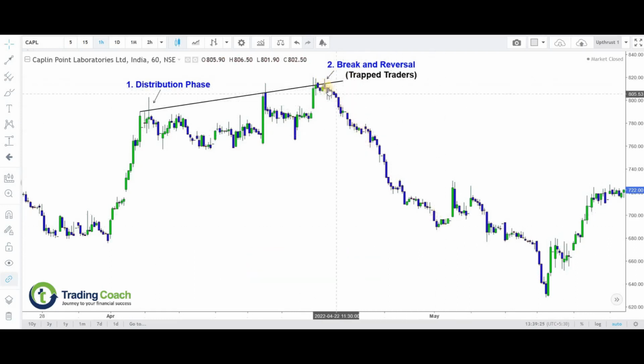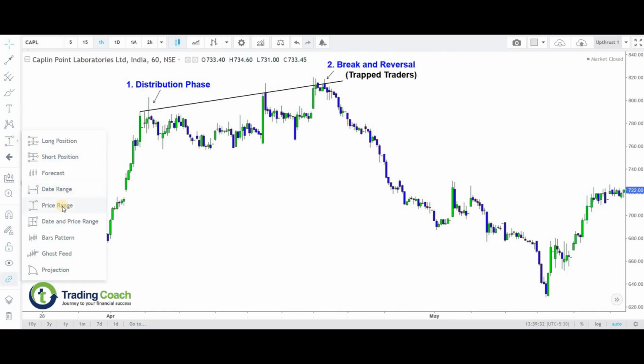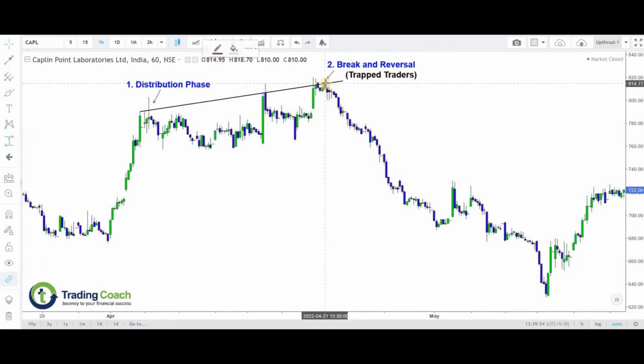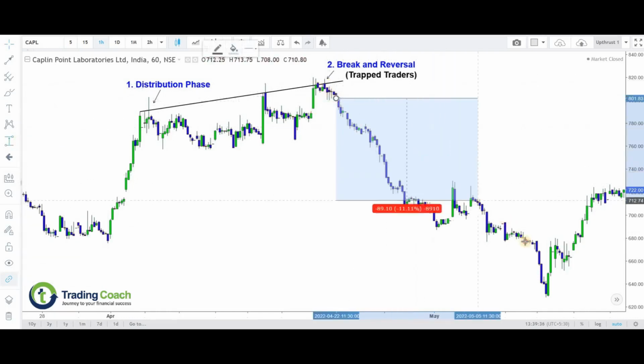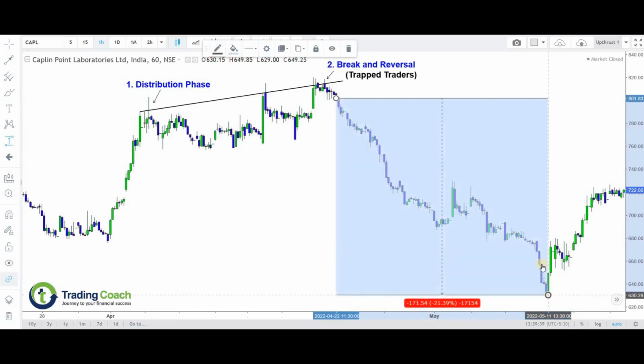Let us quickly measure how many points, or what percentage, the prices have fallen so far. Let me take a price range over here and measure it exactly from this point. This is a wonderful opportunity for us to take a short position.